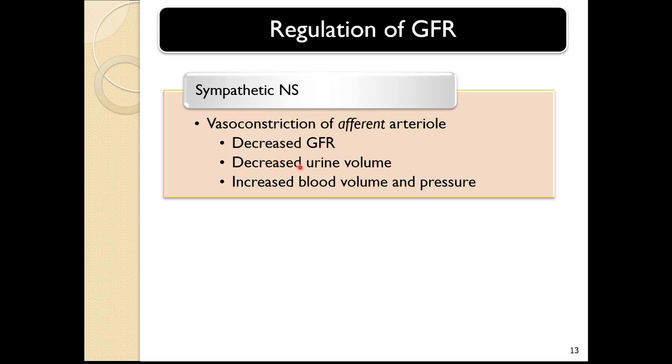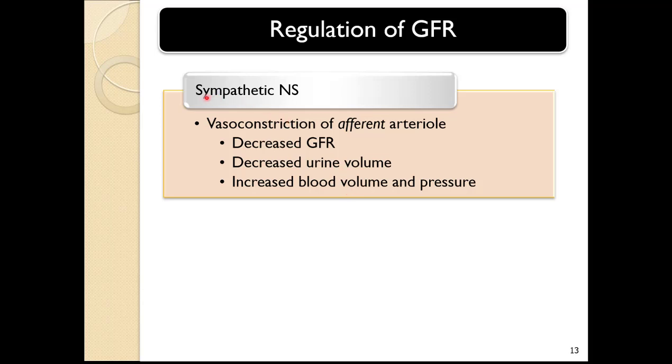Okay, this decreases your urine volume, but it increases your blood volume and blood pressure back in the somatic portion of your body. So in other words, the constriction of those vessels in turn backs up and increases the pressure and volume behind it, as well as the fact that you're not creating as much urine is also going to increase your blood pressure and blood volume.